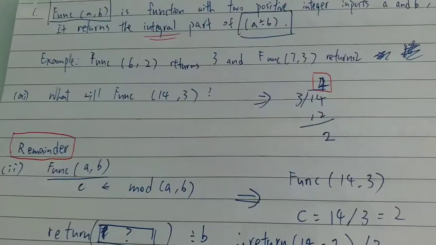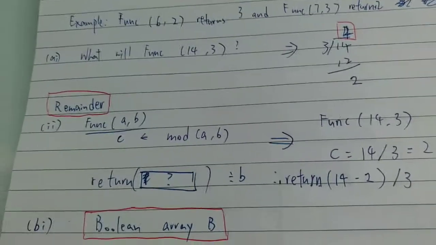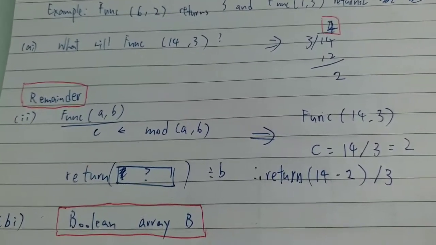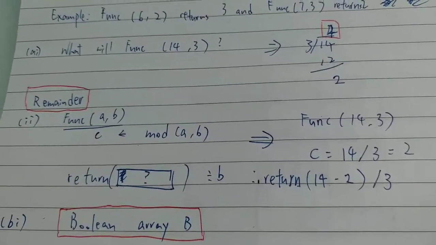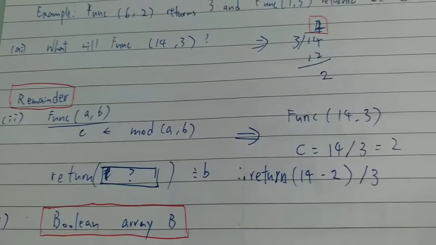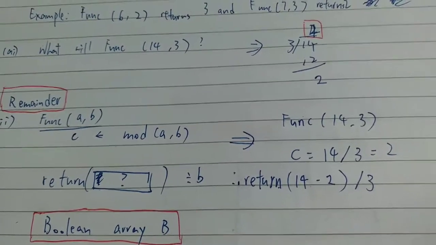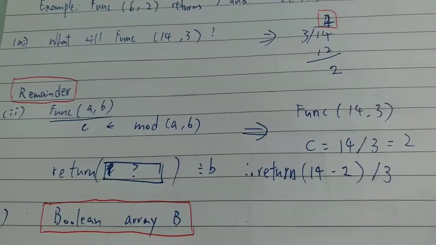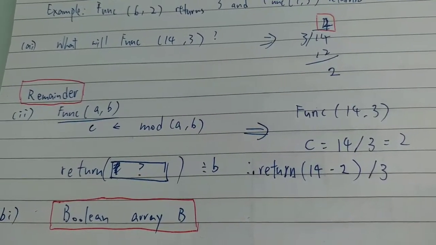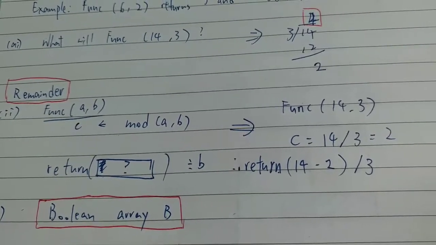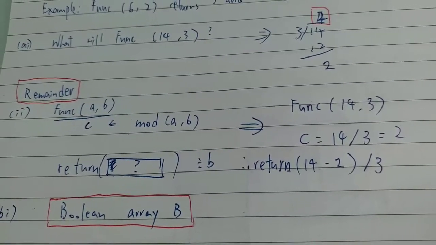Since we need to take the remainder, when a is 14 and b is 3, C will be 14 mod 3, and it is 2. So C is 2.